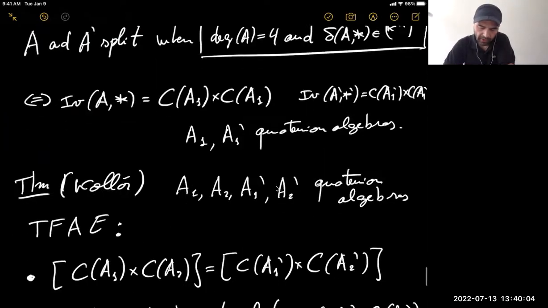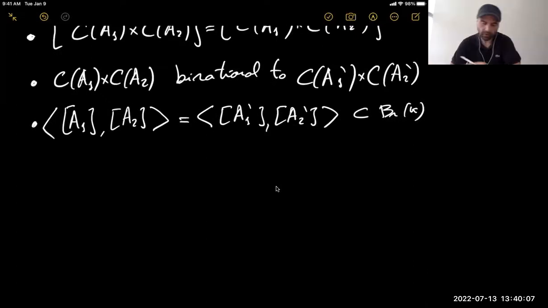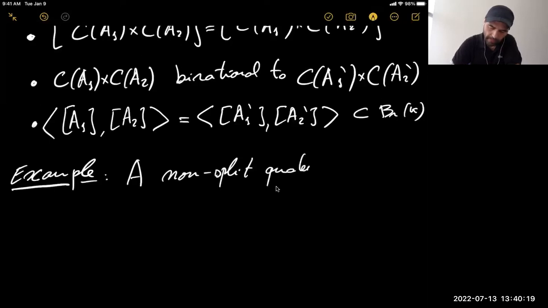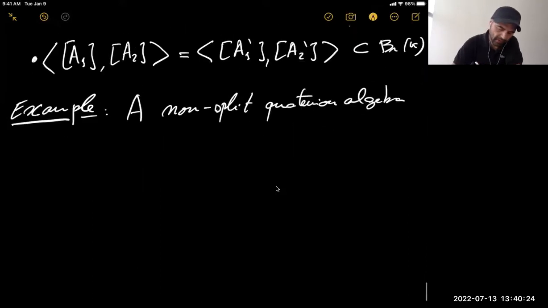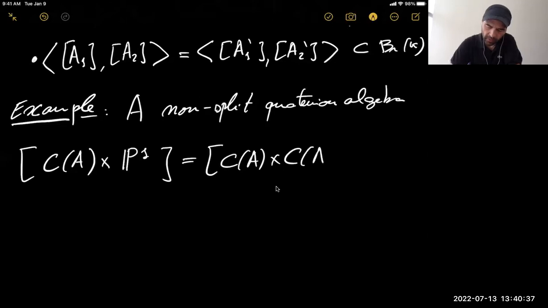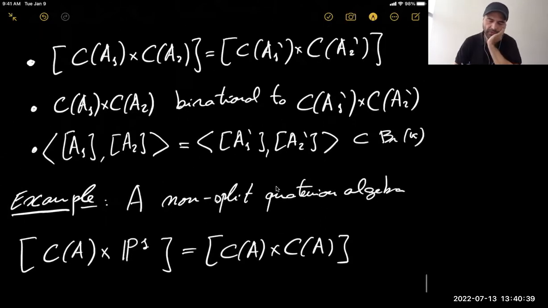And you see that it fails with isomorphism because we can take the following example. You simply choose a non-split quaternion algebra. Then you take the associated conic and cross with P1, and that turns out to have the same Grothendieck class as the conic crossed with itself. This is clear, for example, from this third condition.